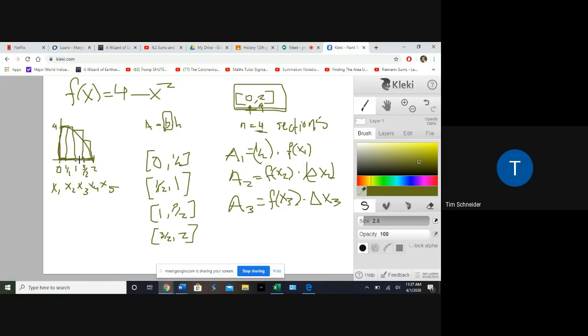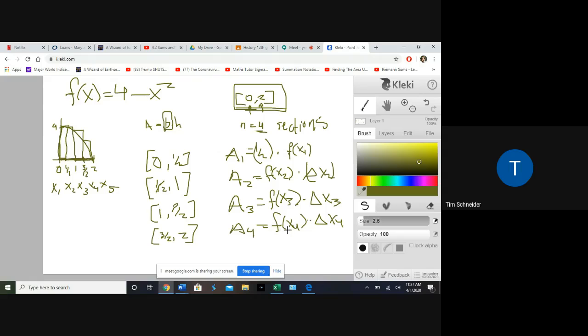Again, this is just the base times the height at x3. That's the area of this rectangle, which gives us a little bit of an idea of the area of the function between those two values. And then for the fourth one, we have f of x4 times delta x4.